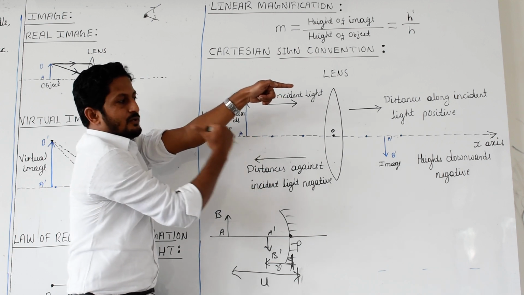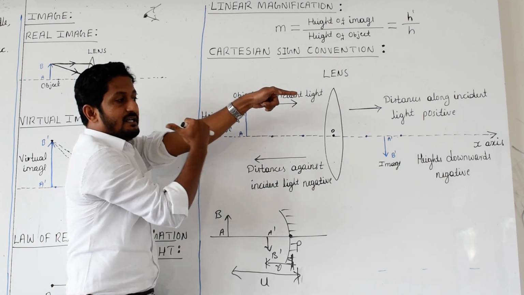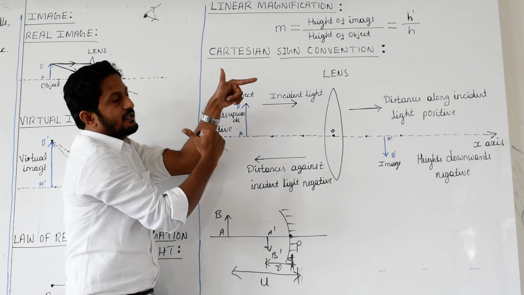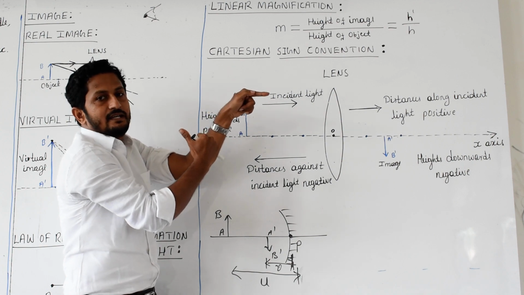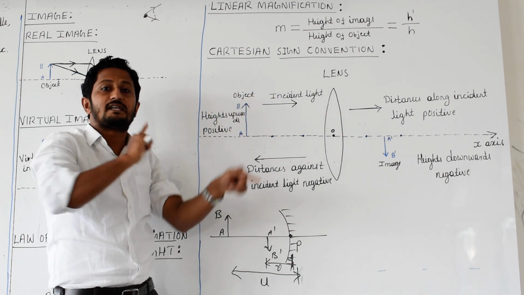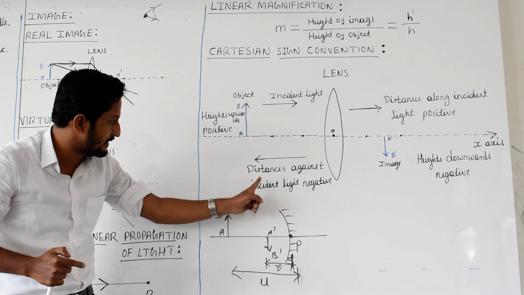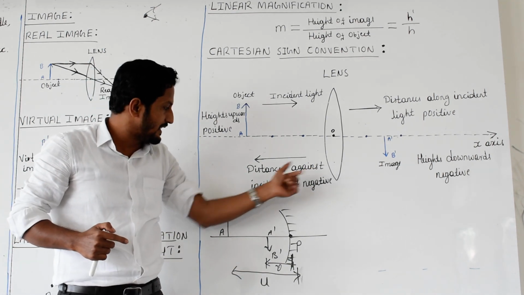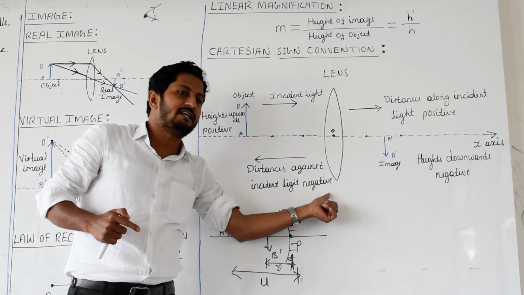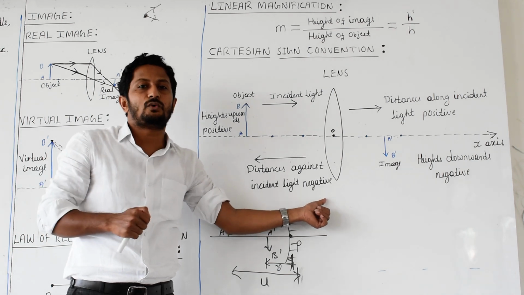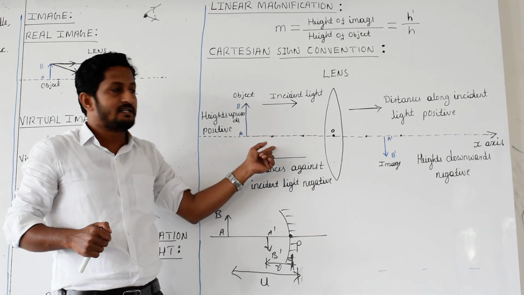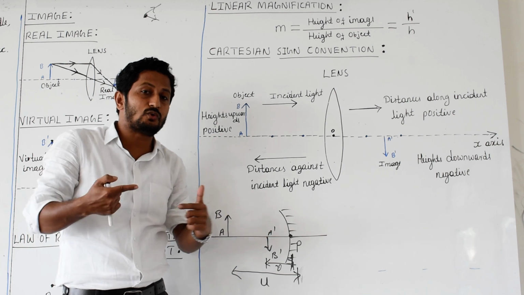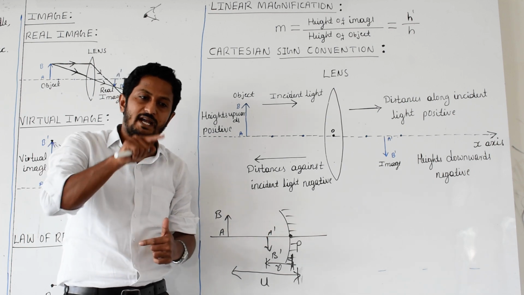The distance which you measured in the opposite direction to the incident light ray should be taken as negative. That I have written: distances against the incident light ray are negative. In this case, that object distance you have to take as negative, minus u.